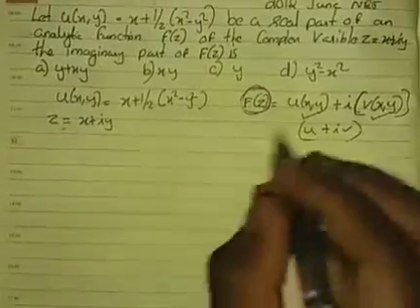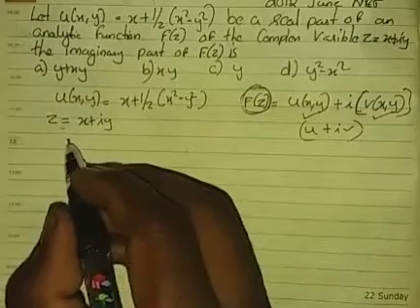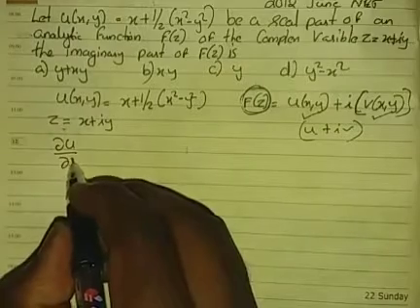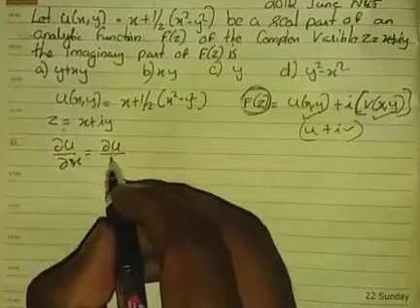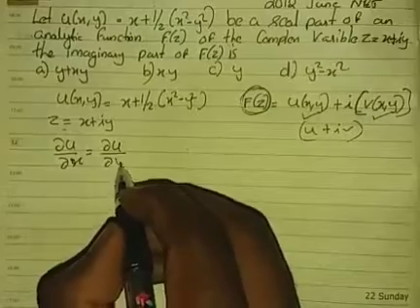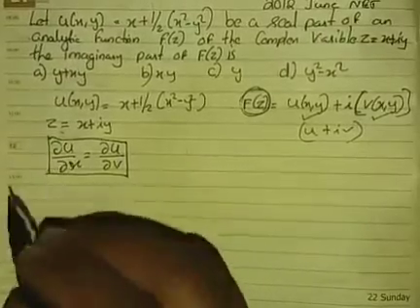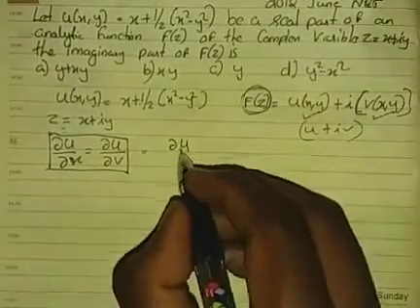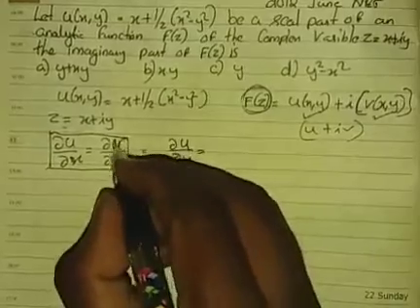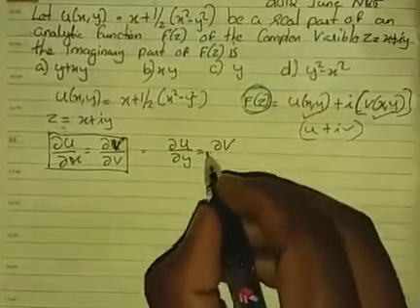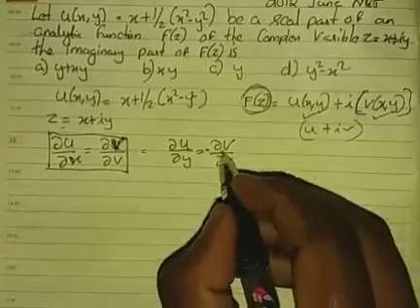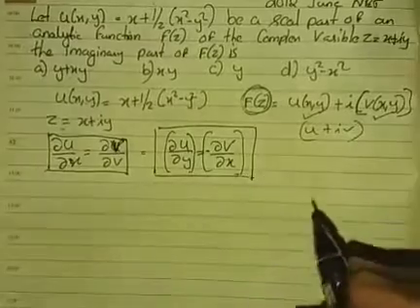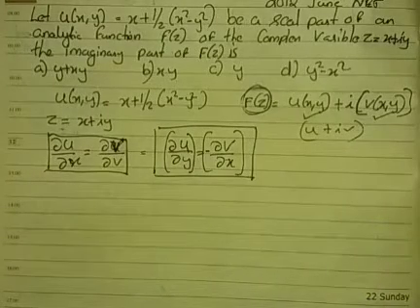Then the condition for analyticity according to Cauchy-Riemann conditions is that dou u by dou x must be equal to dou v by dou y, with x being the real part of the complex variable, and dou u by dou y must be equal to minus dou v by dou x. So it has to satisfy these conditions for analyticity, which are called CR conditions or Cauchy-Riemann conditions.